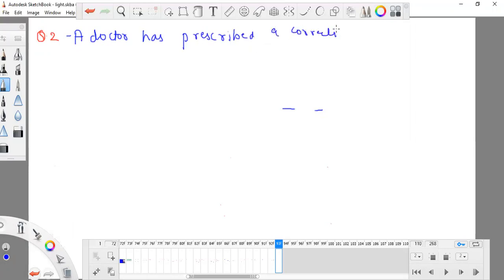Corrective lens means the lens of the eye has a defect, so one has to use specs or lenses, okay, glasses. So a doctor has prescribed a corrective lens of power plus 1.5 diopter. Remember this, that it is plus. That means it is talking about a convex lens for sure. I know this because it is plus.